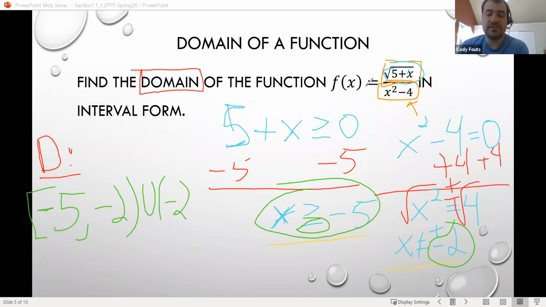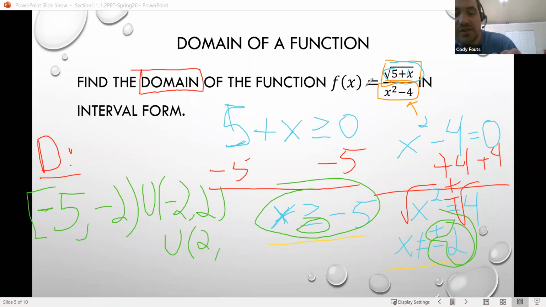And if you remember, that basically just breaks your domain there at -2, comma, up to the next value that we can't have, which is +2, parenthesis, because that's not included. I'm going to have to go on a different line here. Do another union, start at 2 again, so we just kind of broke, and then we can have anything bigger than 2, so we'll go all the way up to infinity.